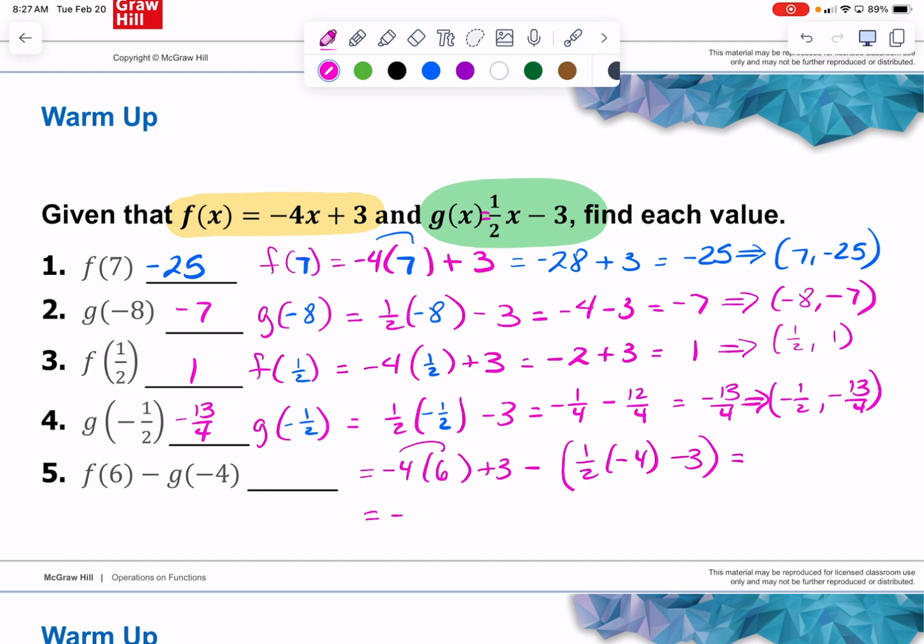Negative 24. Negative 24 plus 3, right? What's half of negative 4? Negative 2. Negative 2 minus 3, right? Negative 2 minus 3 is negative 5. Negative 24 plus 3 is negative 21. And negative 21 minus a negative 5 is like negative 21 plus 5, so negative 16. Okay.